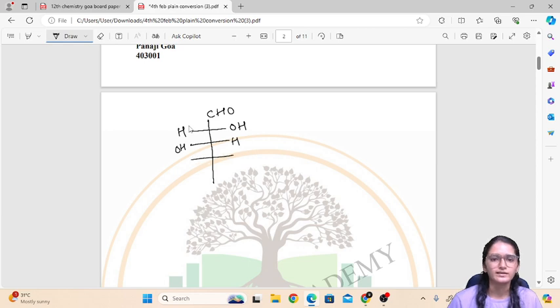Then you write it again as before: OH on the right, H on the left. Here also the same, OH and H, and at the end we have the primary alcohol, CH2OH. So this is our open chain structure of D plus glucose, with the OH group on the right-hand side, CHO on top and CH2OH at the bottom.